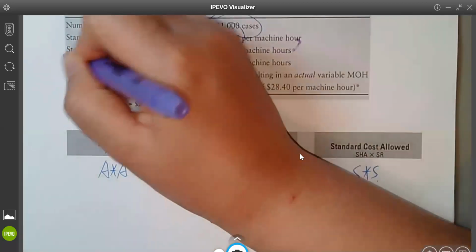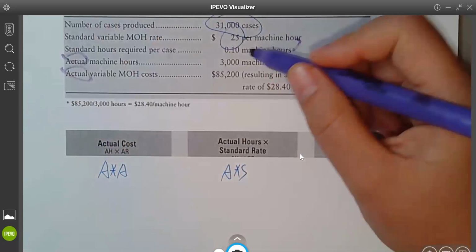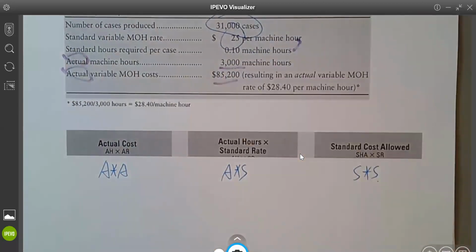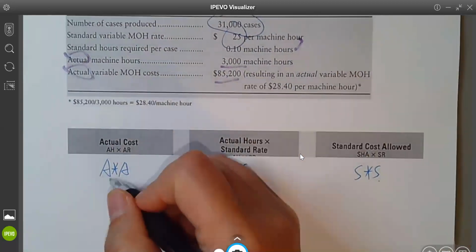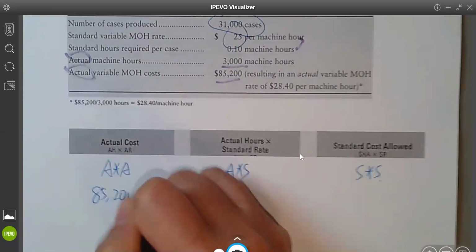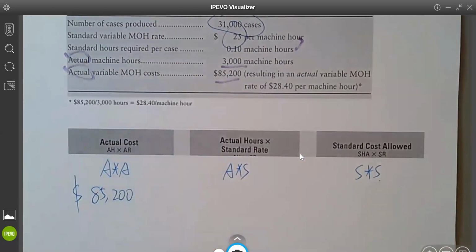But the actual, okay, the actual machine hour, we actually used 3,000 machine hours, and the actual manufacturing overhead cost is $85,200. So you can already write it from here. It's already told you it's 85,200.